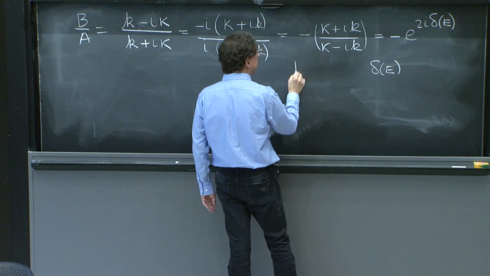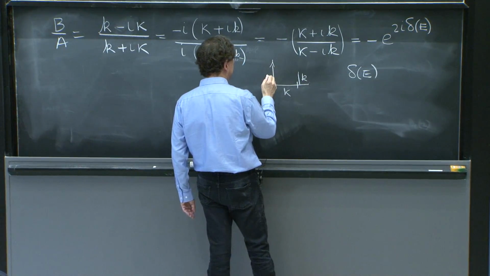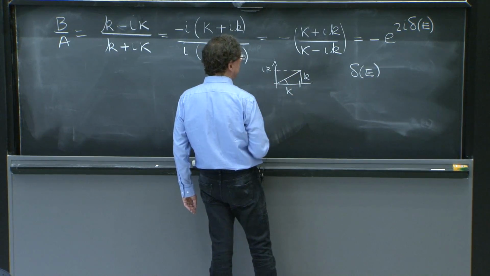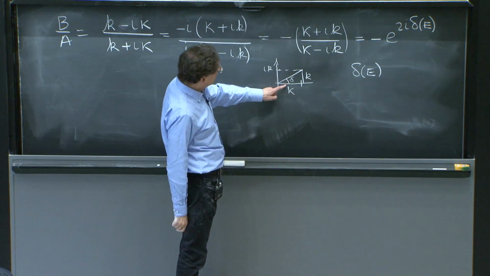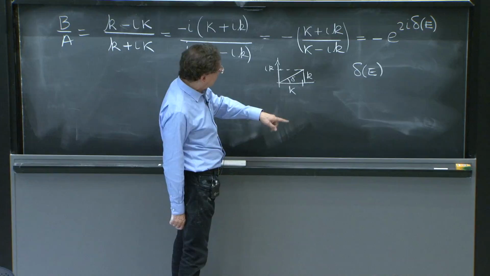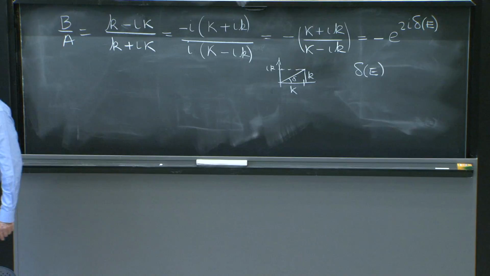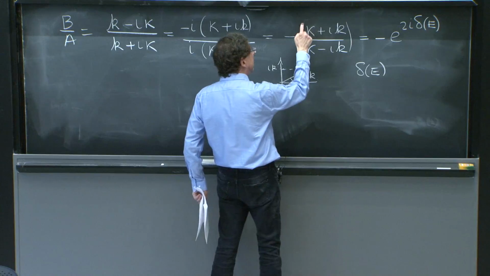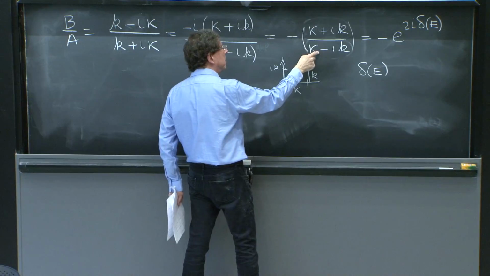Well, think of the number kappa plus ik. The angle this complex number has is in fact delta. E to the i delta is that phase. And delta is the arc tangent of k over kappa. Now you get a delta from the numerator, a minus delta, as you can imagine, from the denominator.